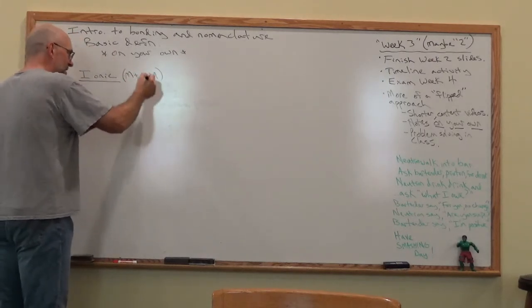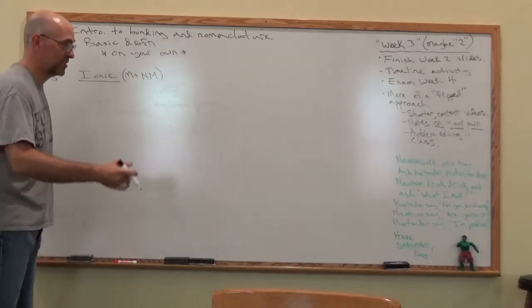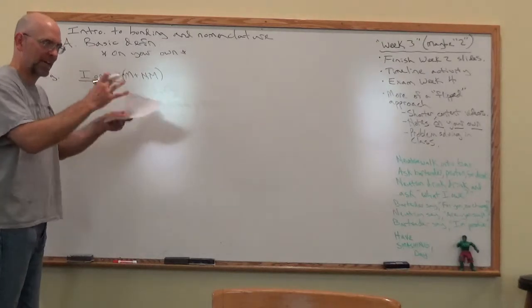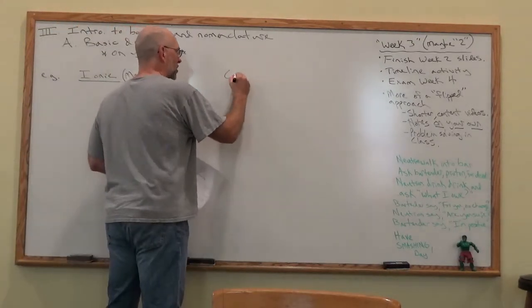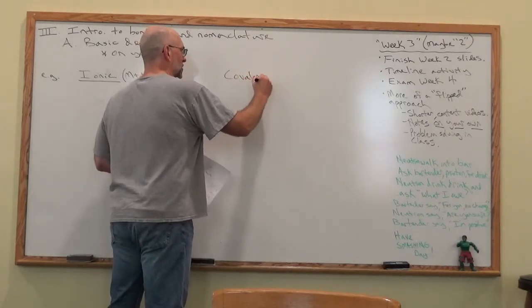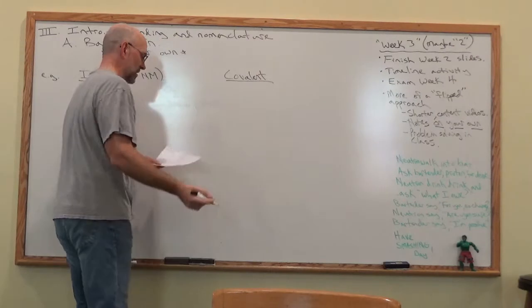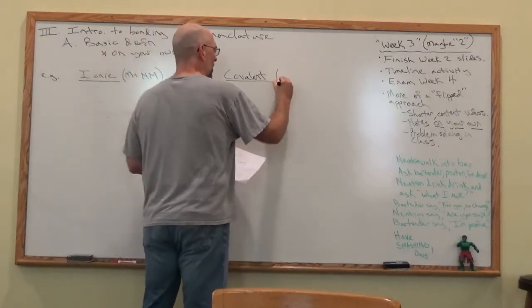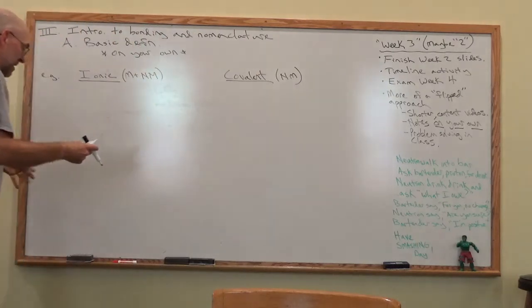It could be a metal and several non-metals, or it could be a polyatomic ion, which we're going to get into later. Multiple atoms making up the ion. It's a little more complicated than that. Or we have covalent, which if you think about it, it's cooperation between the valence electrons. And that's between non-metals.